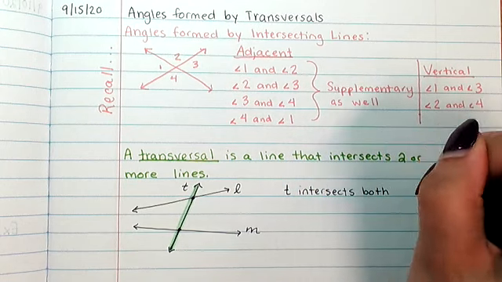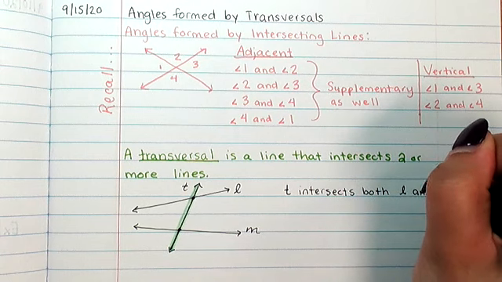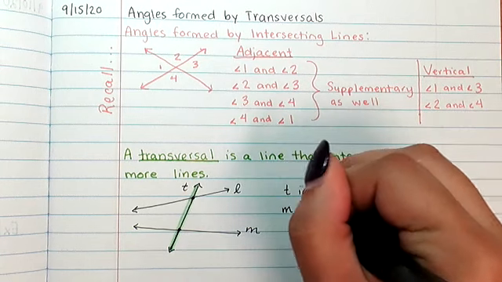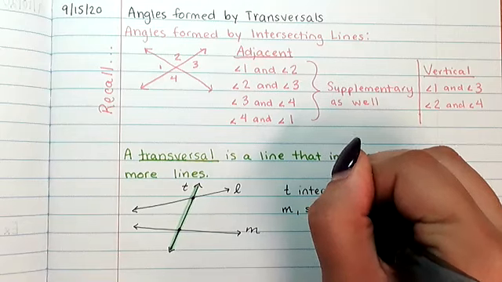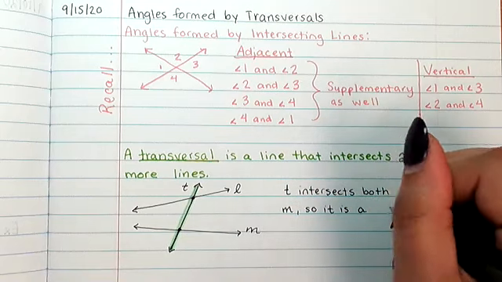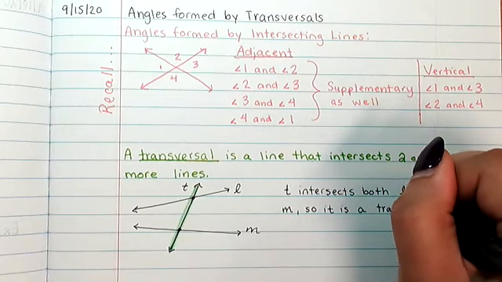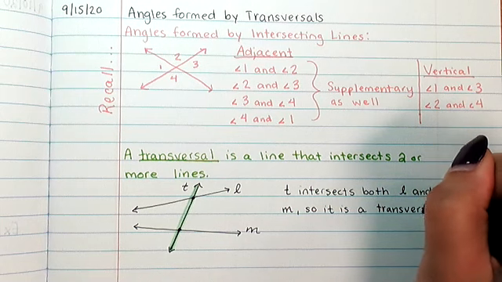So T intersects both L and M. So it is a transversal.